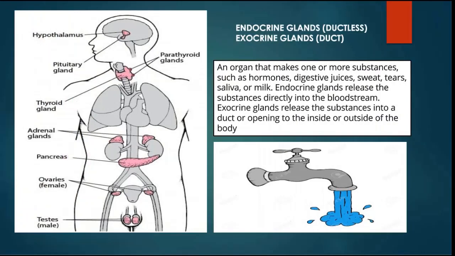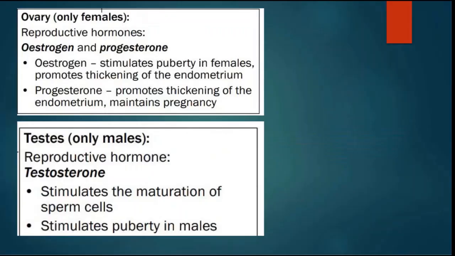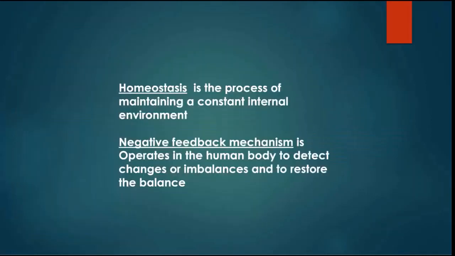Now let's look at the hypothalamus. Now we're entering what we call homeostasis and the negative feedback mechanism. Homeostasis is the process of maintaining a constant internal environment. A negative feedback mechanism operates in the human body to detect changes or imbalances and to restore the balance.